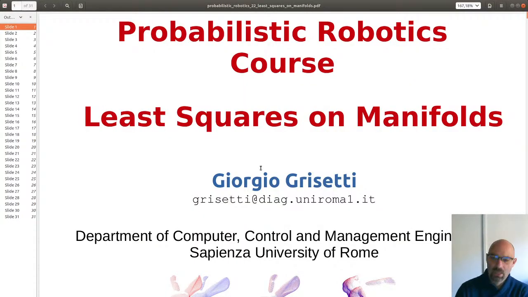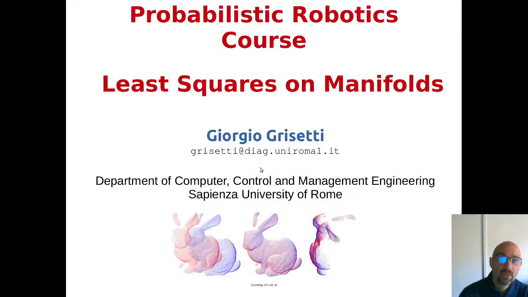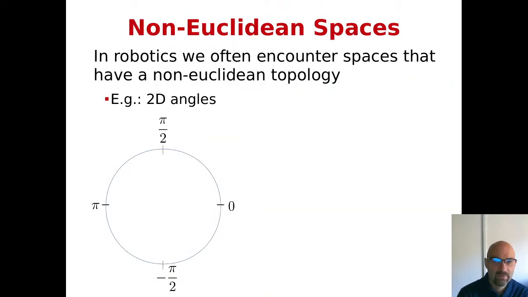Now, let's go to the second part, which will accompany us basically until the quasi-end. Let's talk about least squares on non-Euclidean spaces. So, let's start with something you are very familiar with.